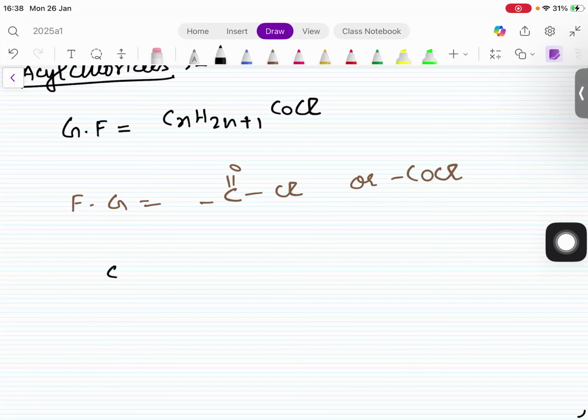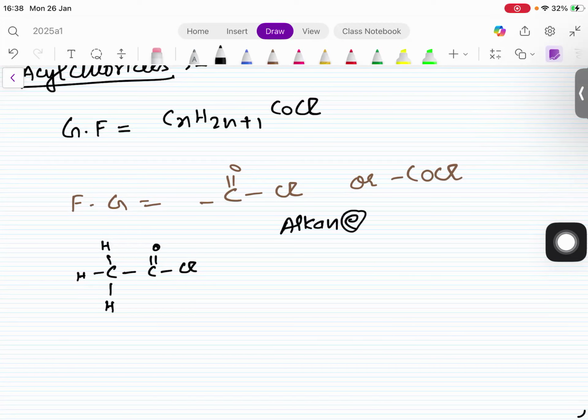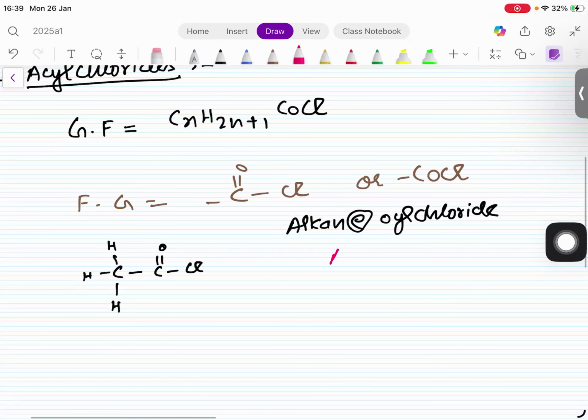The first member is like this. How many carbons? 2. As far as their name is concerned, the alkane's E is replaced by OYl chloride, functional group. So it becomes alkanoyl chloride.